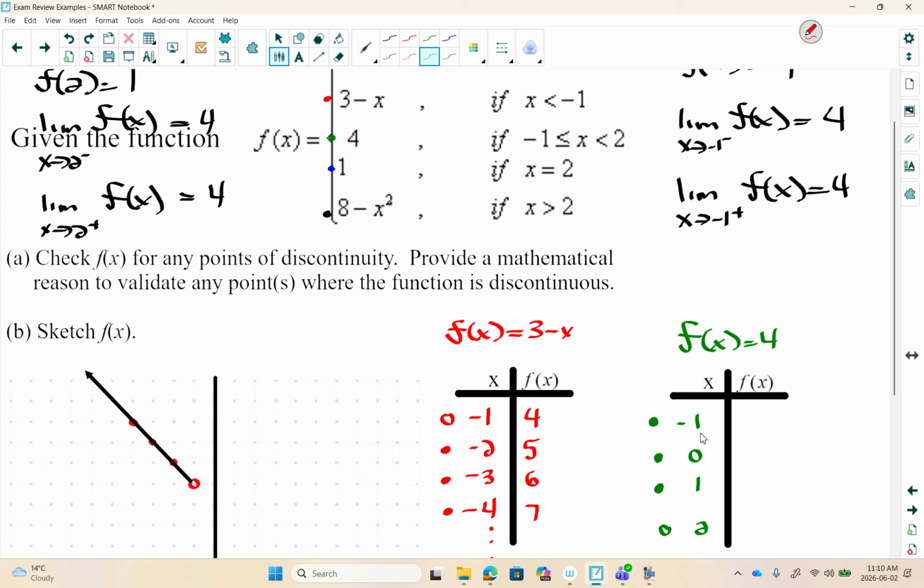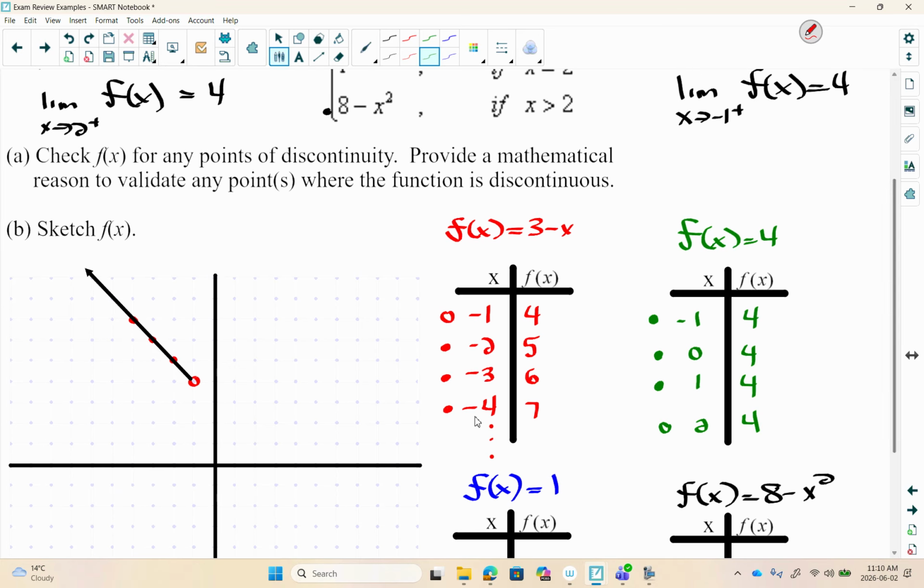What's the y value for all of these? What would f at -1 equal? 4. What would f at 0 equal? Also 4. f at 1 is 4, and f at 2 is 4. You have a horizontal section here. So I'm going -1 comma 4. I've been there already. I'm going to fill it in. Remember, if you have closed dots and open dots on the same spot, who's the boss? Closed dot always wins.